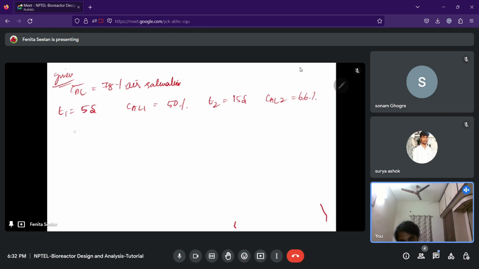You know it is the dynamic gassing method, so the formula is this.